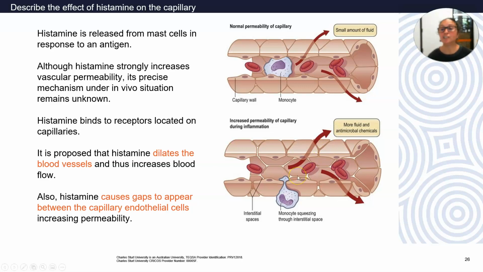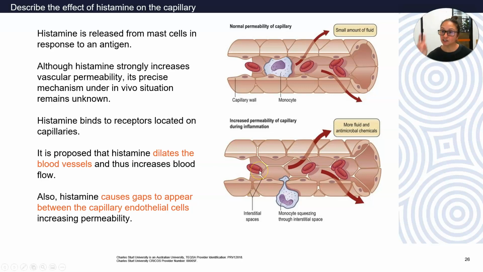So it's vasodilation. And because you are making that diameter bigger, what happens is that there are more gaps now between the endothelial cells, which means that it increases capillary permeability.